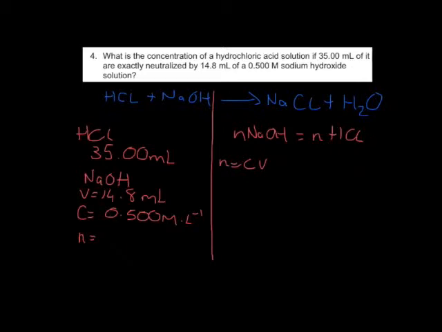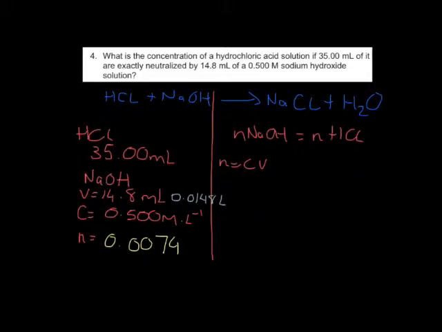There's a bit of a catch though, because the volume I've got here is in millilitres and I need that in litres, so it's 0.0148 litres. So if I times that figure by 0.5, I get 0.0074 moles. And as we said that the mole ratio is 1:1, that means that 0.0074 moles of hydrochloric acid were also used.